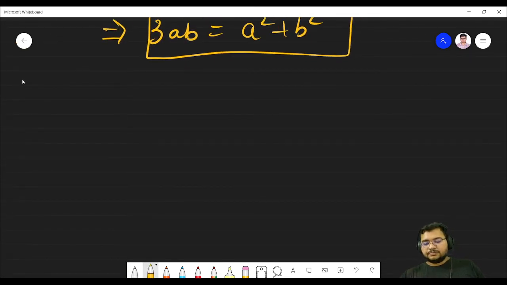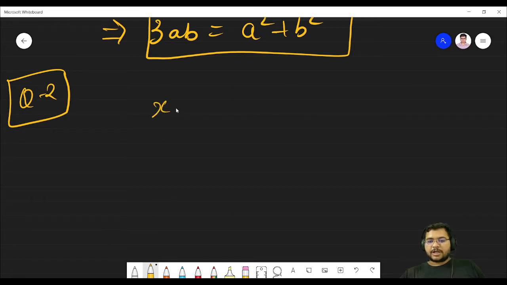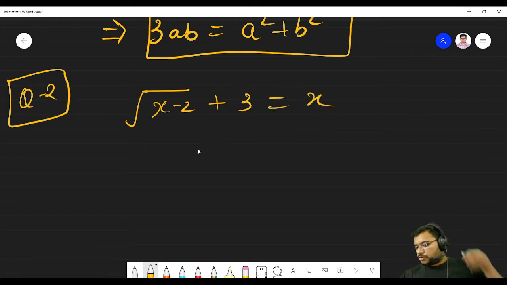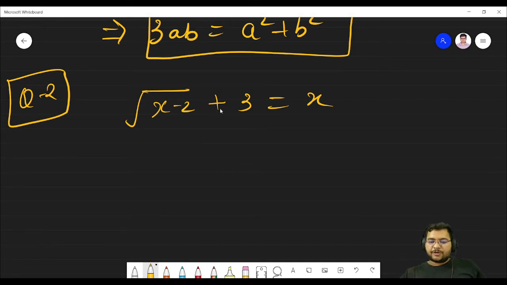Now let's say we'll do question 2, and question 2 says root of x minus 2 plus 3 equals x. Okay, so when you have to solve this type of question, what you have to keep in mind is that if a root term is given with another term, then you can't remove this root fully.